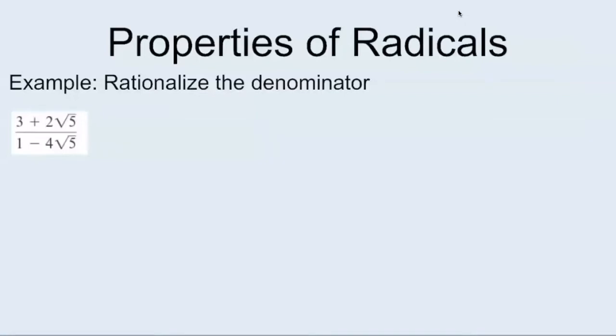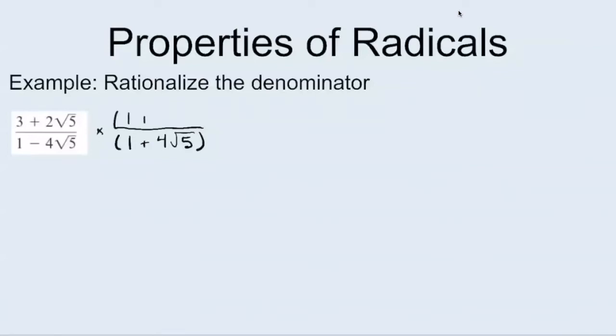So in other words, the denominator has to be multiplied by, instead of 1 minus 4 root 5, it becomes 1 plus 4 root 5. But you have to multiply this expression, both numerator and denominator, by the same amount, because otherwise you change the expression.